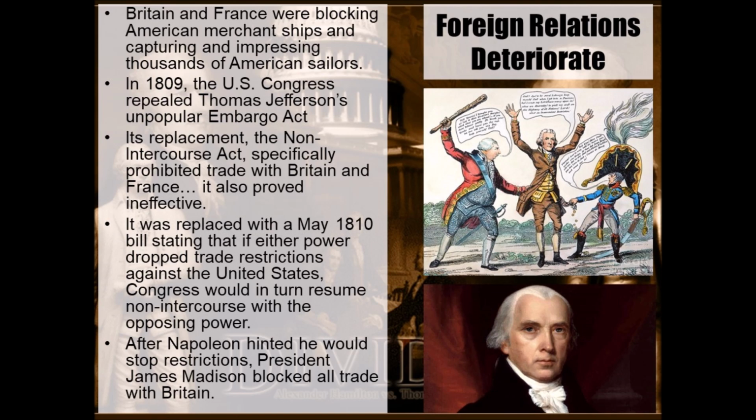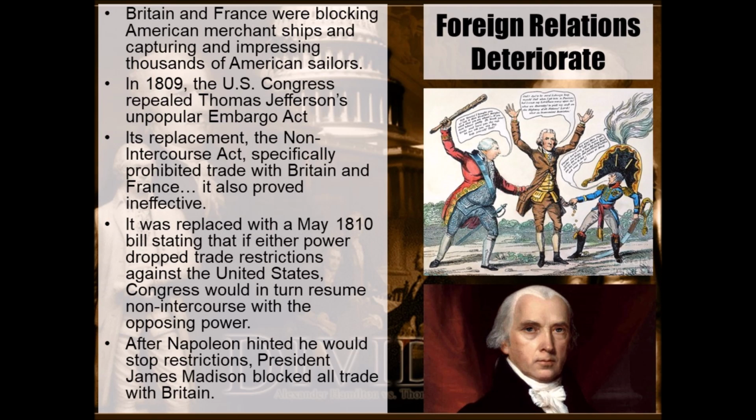And because America's economy still is very fragile and very young at this point, all it really does is send the American economy plunging, going down and suffering. Basically, it's proved completely ineffective. Britain and France had plenty of other places where they could trade without having to trade with the United States, and as a result, it eventually was repealed.